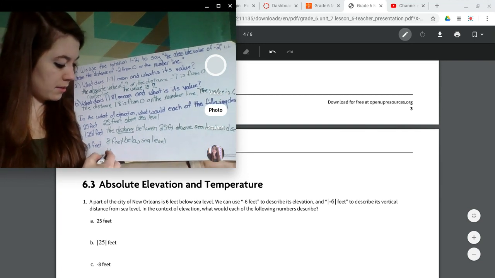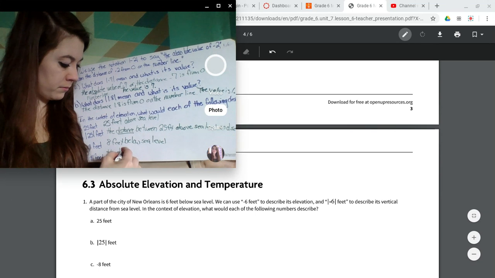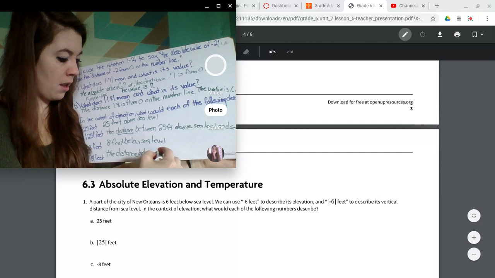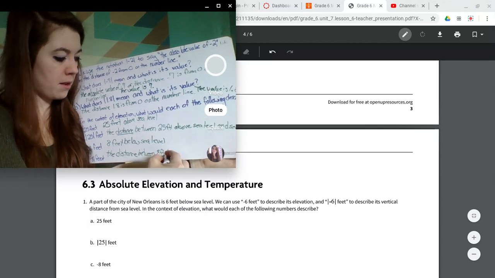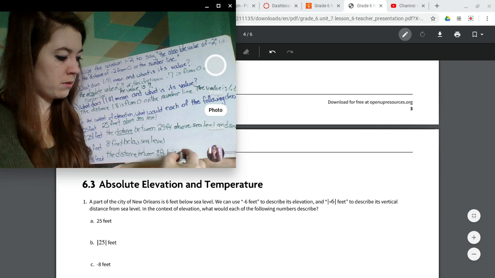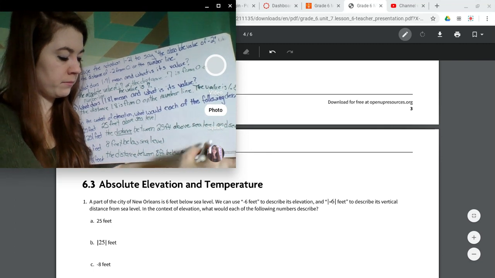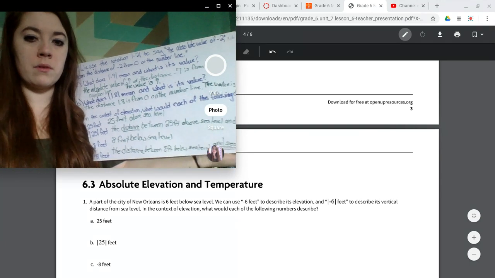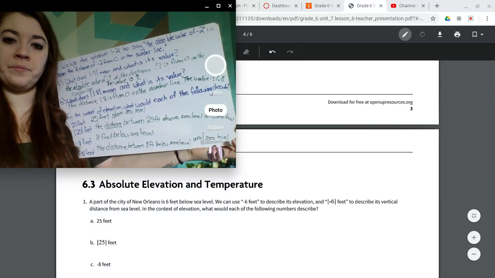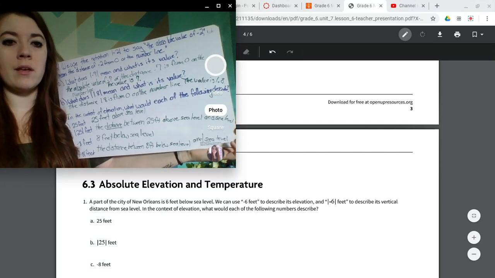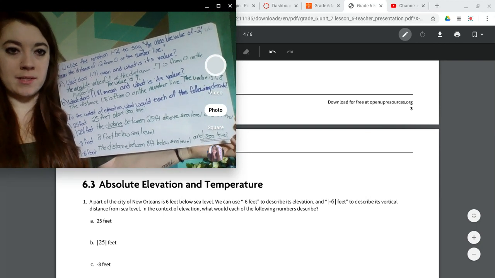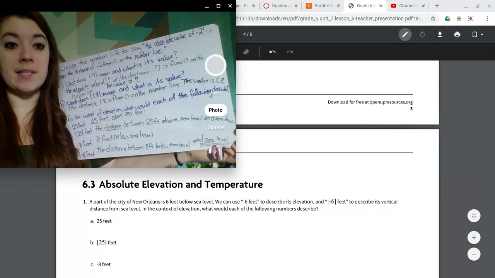So the distance between 8 feet below sea level and sea level. Oops, so you all can see that. Like I said, absolute value is all about the distance, and it's always, always, always going to be positive. It won't ever be negative when we're dealing with distance.